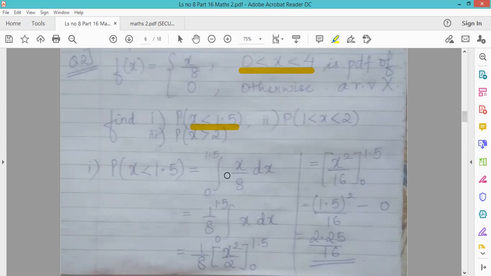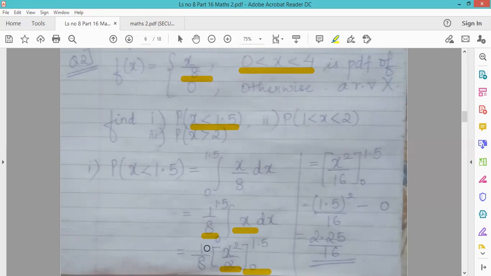So how will we start? Integral 0 to 1.5, the function given is x by 8 dx. Now 1 upon 8 is a constant, so I have to put that outside the integral sign. So integration 0 to 1.5 of x dx. What is the integration of x, class? X square upon 2. And once the integration sign is gone, we'll transfer the limits to the right hand side, 0 to 1.5.